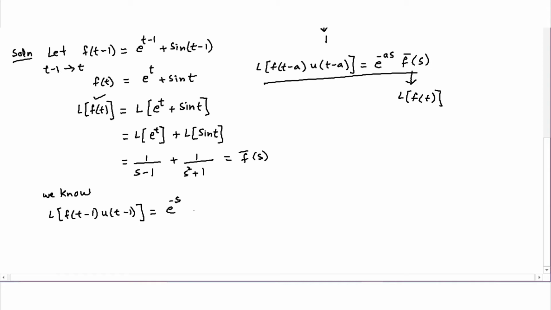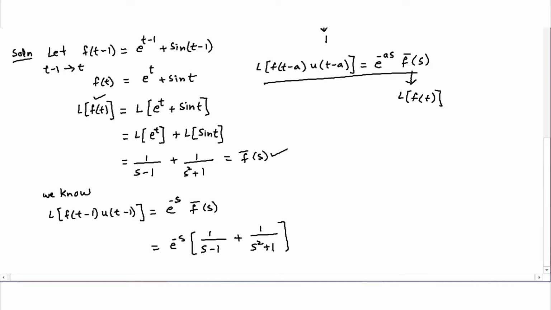But we already calculated the value of f bar of s. You need to just plug in over here. So we'll be getting e power of minus s into f bar of s, which is 1 by s minus 1 plus 1 by s square plus 1.